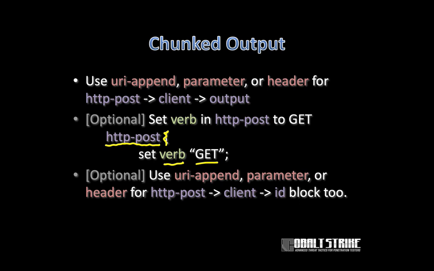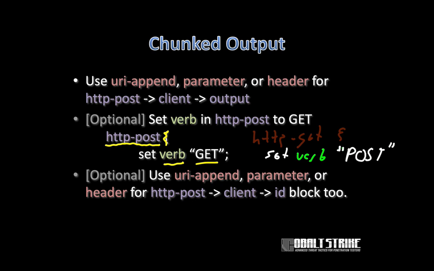Interestingly, if you really want to, you could do this. You could do HTTP get, and you could set verb to post if you really want to. Let's do that. Post.